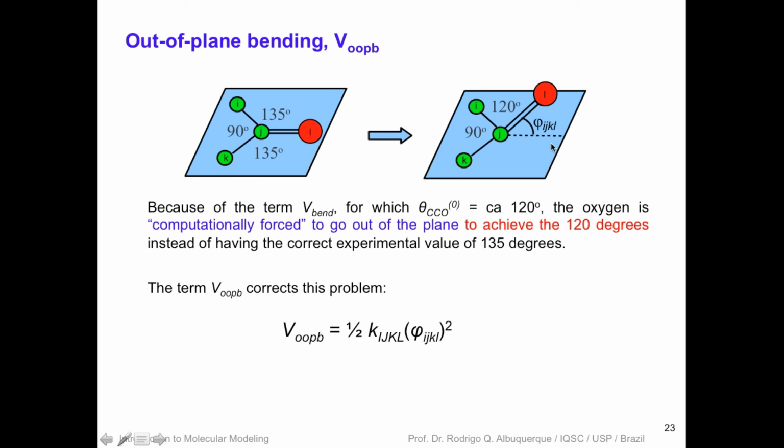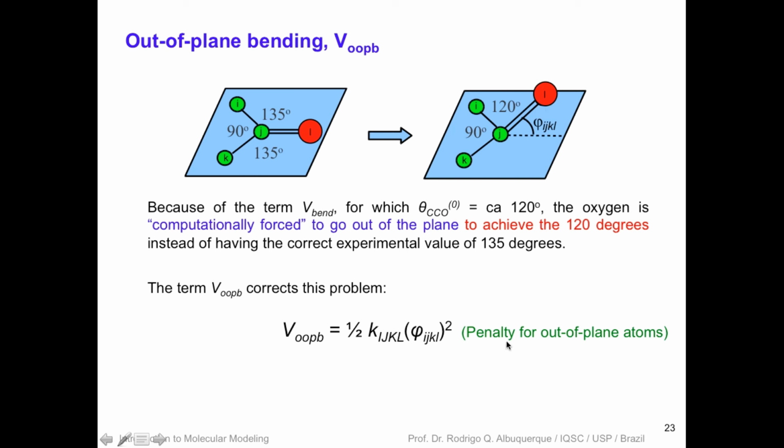But as soon as this atom begins to go out of the plane, therefore going away from the experimental situation, an energetic penalty is applied. As soon as this angle is larger than 0, an energetic penalty comes and it forces the atom to go back to the plane.